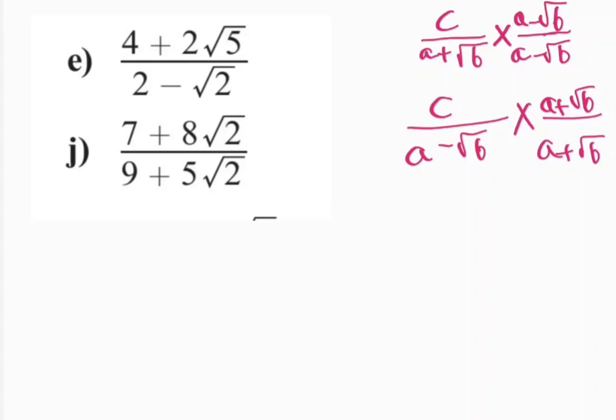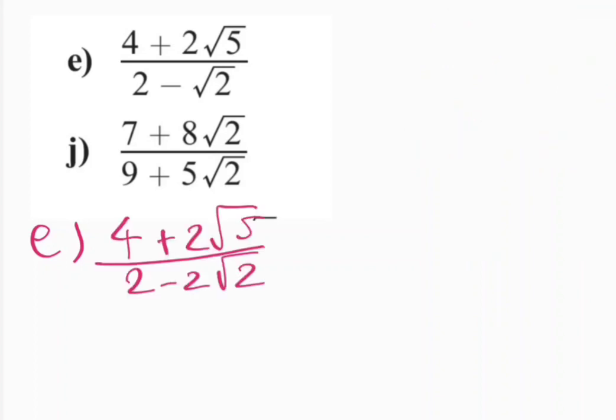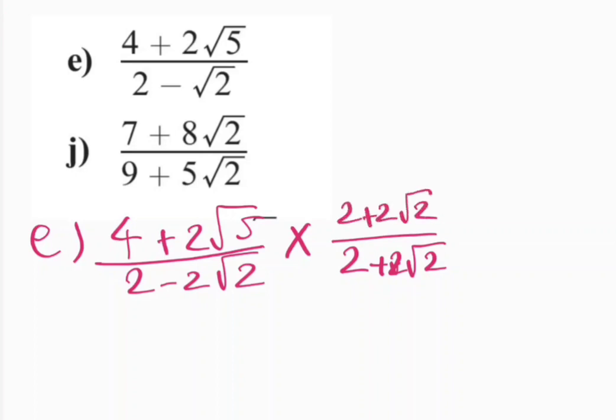So now let's get started and do question E. As I said, the way that we start this is simply by multiplying the numerator and denominator by this denominator, but with the surd negated. So in this case, we have 2 minus 2 root 2, so this will be 2 plus 2 root 2, I mean the number that we multiply by. And that should be the same because we want to have the same fraction, so we multiply by the same thing.